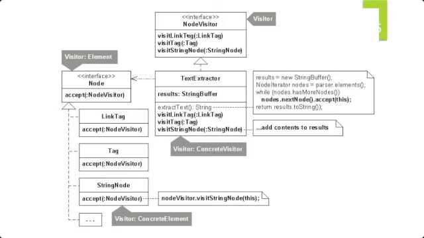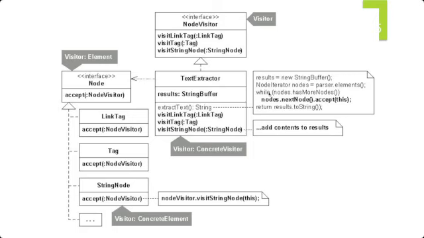The author of the book in which I found this example creates the visitor interface, and inside this interface we have a special method for every type of our nodes. We create the text extractor, a concrete visitor with all of these methods, and we replace our very complex condition with little code, just a while loop with one line of code.